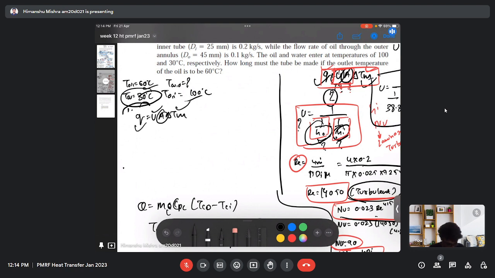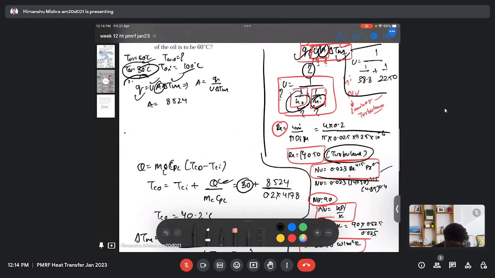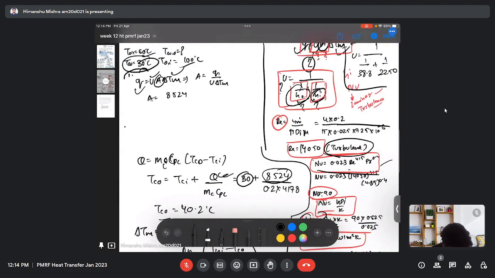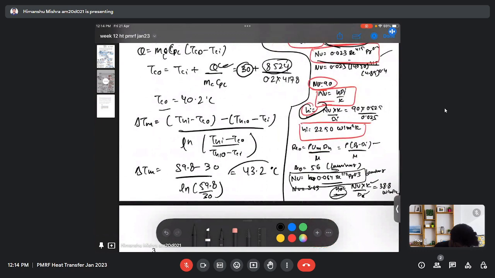I need to calculate A. The actual heat transfer we found earlier was 8524. This U we get as 38.1. And the log mean temperature difference was 43.2.